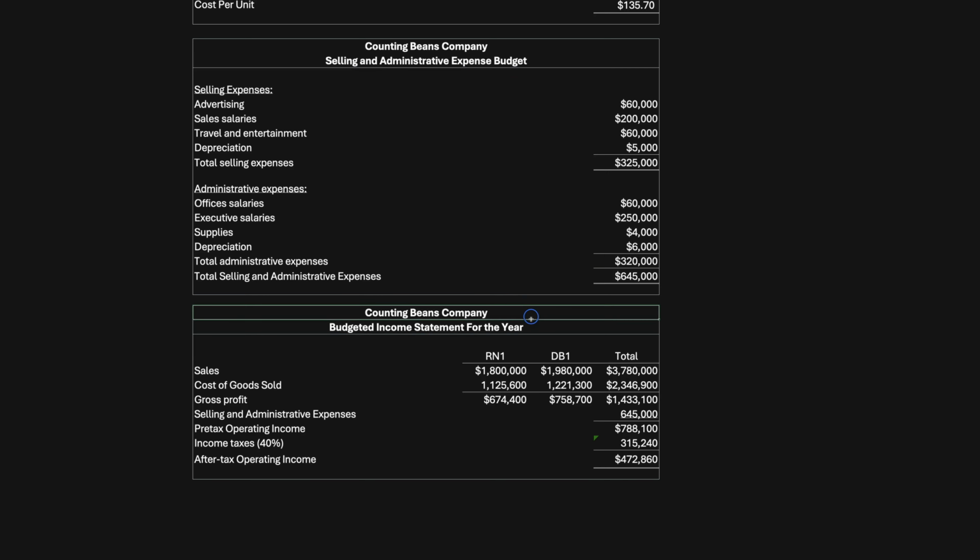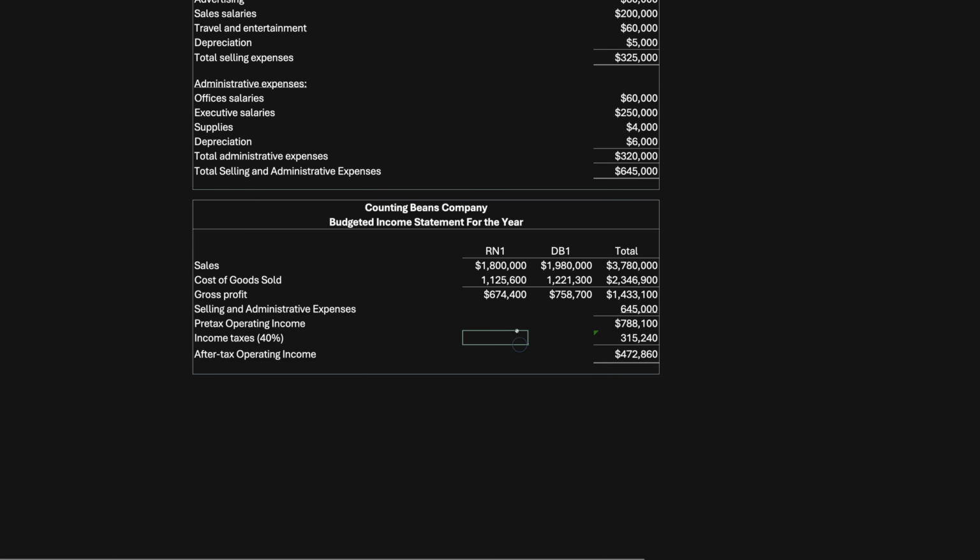We can now come up with a quick budgeted income statement for the year. We would take our sales from our sales budget, which equaled $3,780,000. Our cost of goods sold from our cost of goods sold budget, which was $2,346,900. Then we could have a gross profit on a product by product basis.